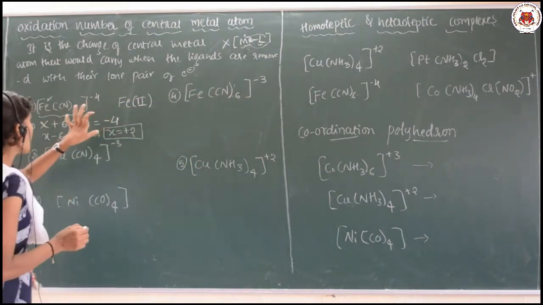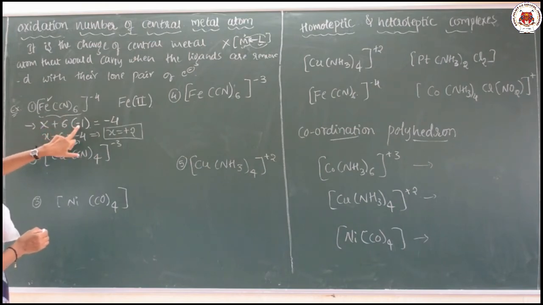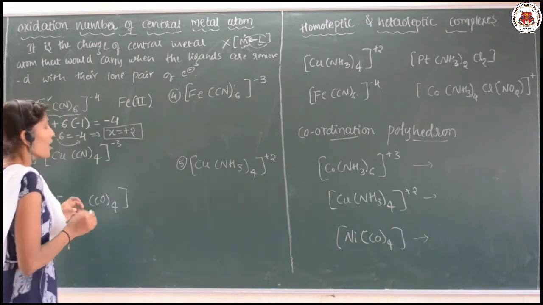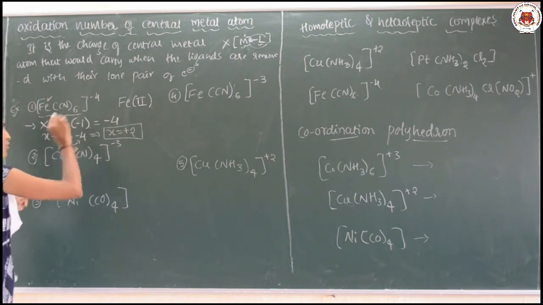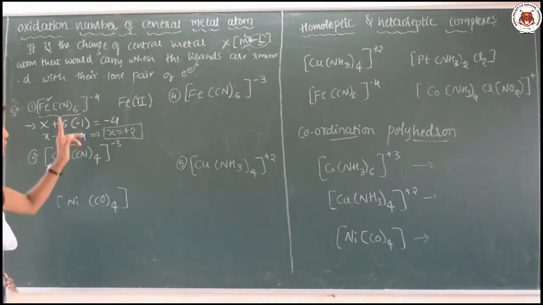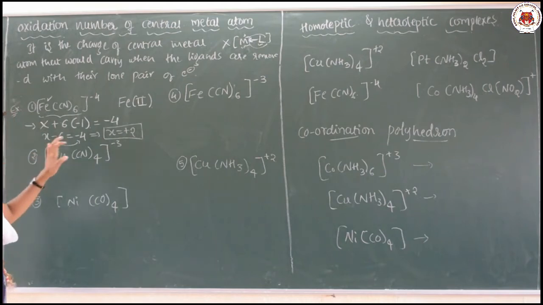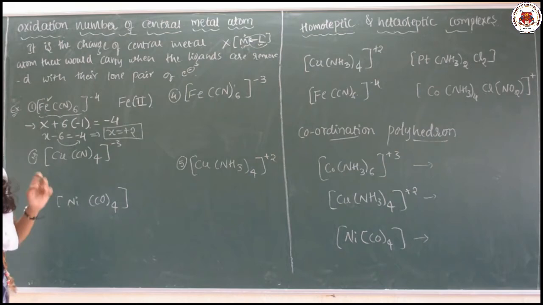I don't know the oxidation number of the iron, so I keep it as x, and there are 6 CN, each giving -1, which equals -4. Always, the sum of the oxidation numbers of all the atoms inside the complex ion is equal to the charge possessed by the complex ion. Always equate this with the charge, and the oxidation number is represented in Roman numerals.